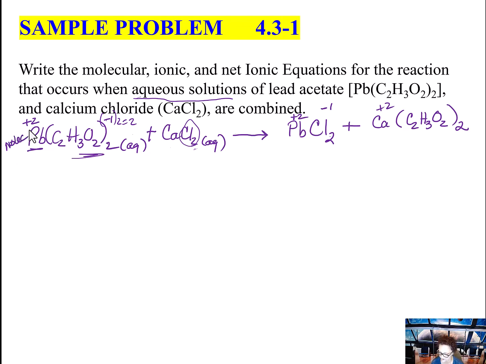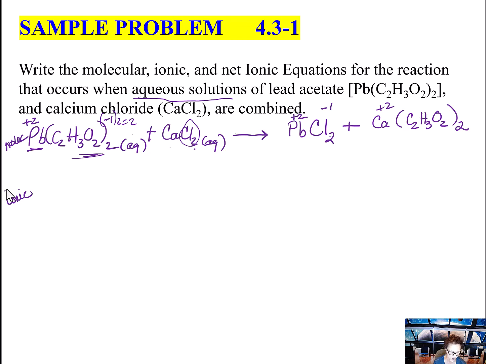The next step is to do the ionic. And all I'm going to do here is take them and break them out into their, oh wait, before I do that, I almost forgot. I've got to decide if either of these is aqueous or if they are a solid.